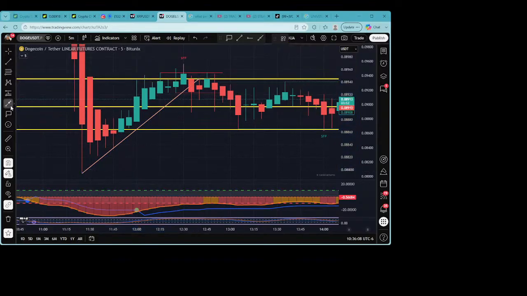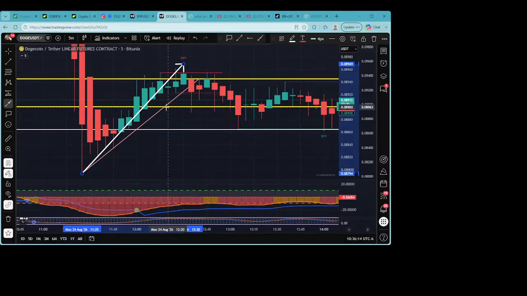So the philosophy would say that it's supposed to pull back. Once it does its pullback, it's supposed to try to find the trend line.